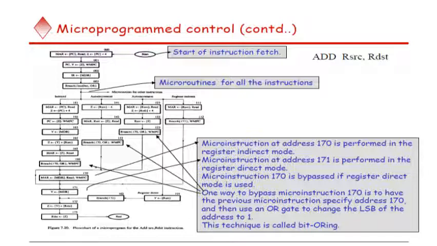This is a direct consequence of combining simple micro routines by sharing common parts. Consider the point labeled alpha in the figure. At this point, it is necessary to choose between the action required by direct and indirect addressing mode.